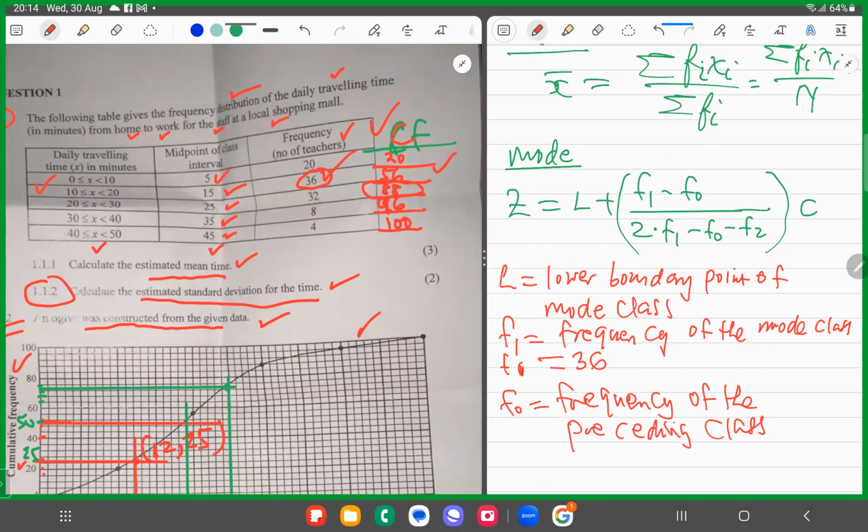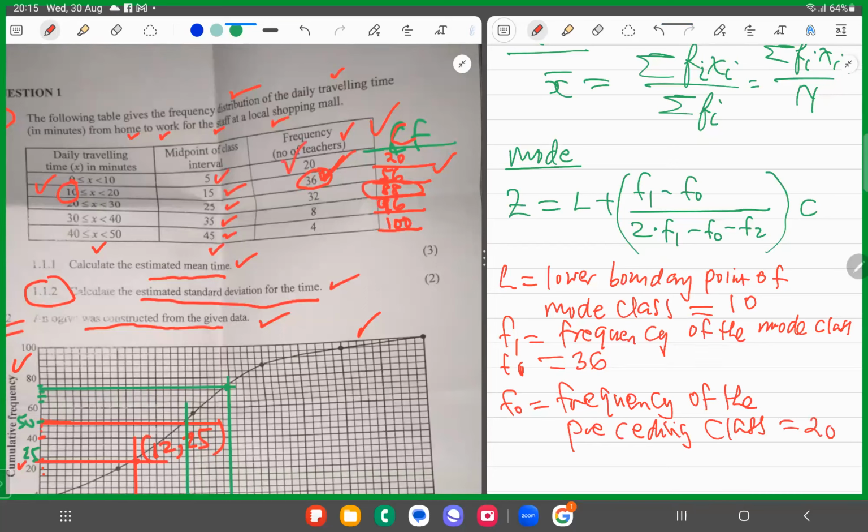What is the lower class boundary point of the mode class in our question? It is 10. F1 is the frequency of the mode class, and it is 36. F0, the frequency of the preceding class, is 20.